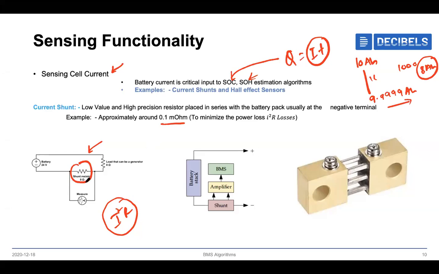If it is dependent on temperature, the resistance will keep changing, so we should not use a temperature-dependent one. Knowing the voltage drop and the resistance value, we can find the current flowing through the resistor. That's one way, and we can send the measured data to the BMS. This is how it looks, and this is the shunt.